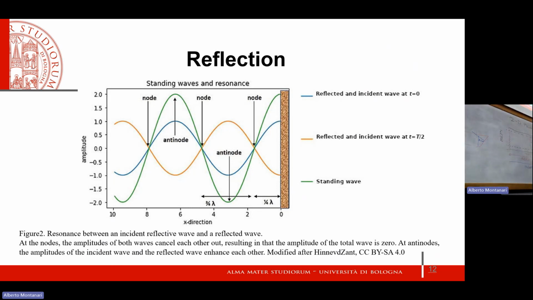So the crest of the wave is inclined at an angle alpha with respect to the direction of the head. Then the wave gets reflected in the opposite direction with the same angle alpha.